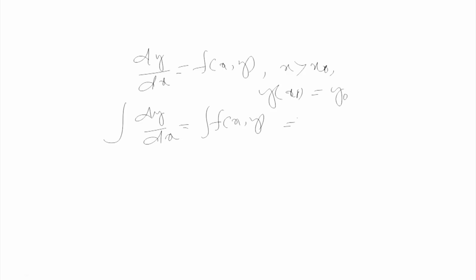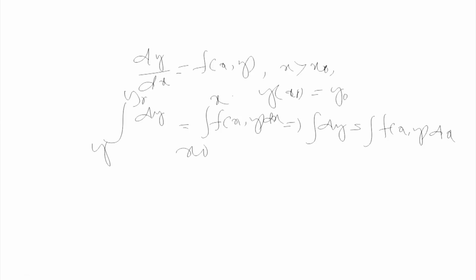We can write it as dy equals f of x, y dx here, with the range y to y naught and x0 to x here.